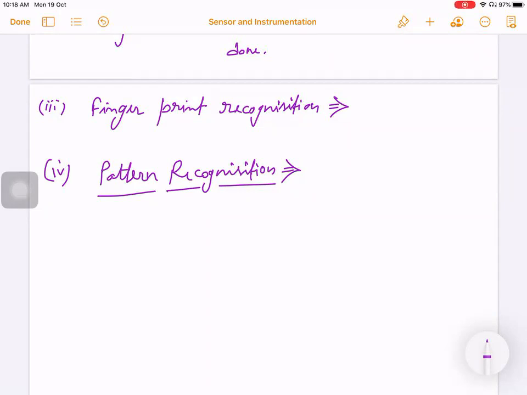If the pattern is correct, then access is given. For example, suppose at the initial time you drew just this pattern, and this value is stored in your device.